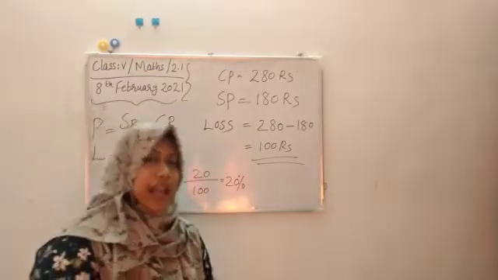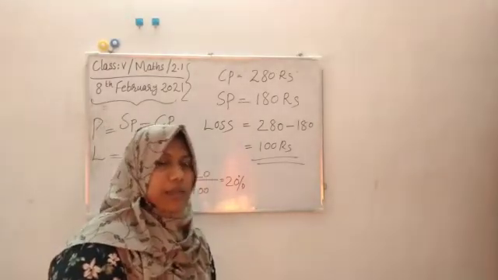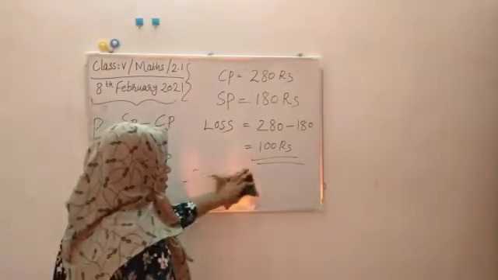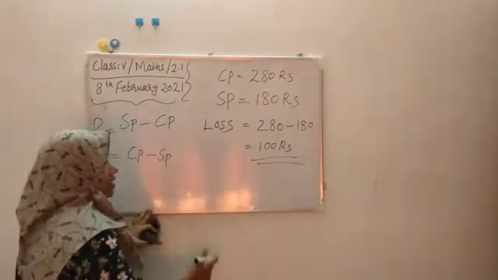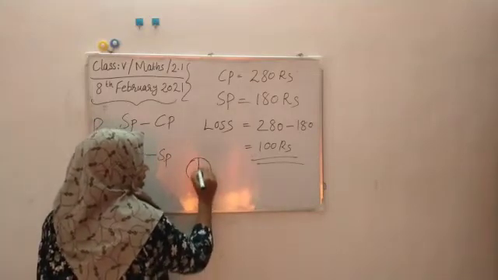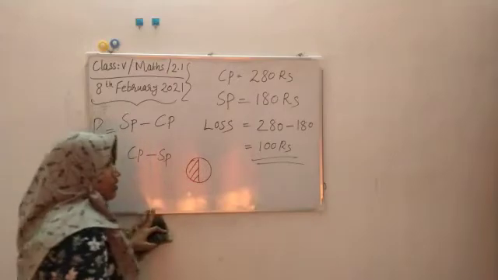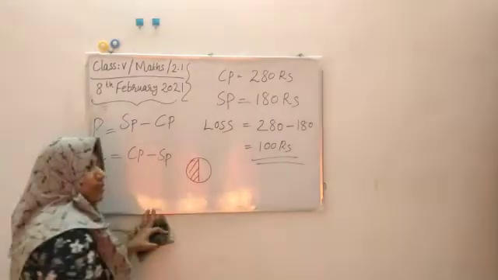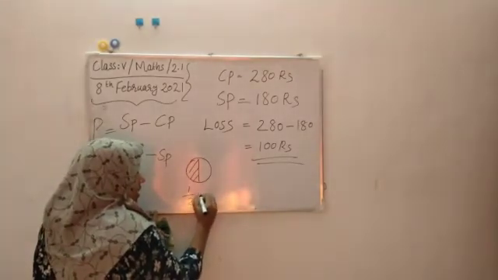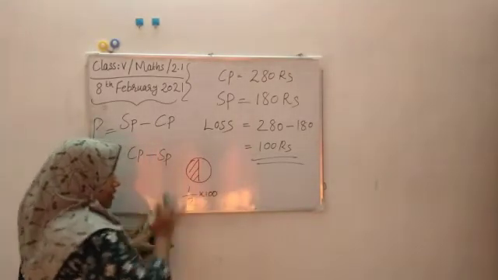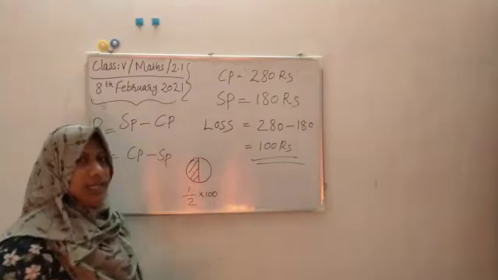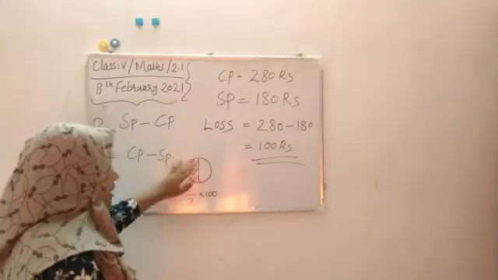The relation between two quantities can be expressed in the form of percentage by taking its fraction. As you know, when I divided a circle into two parts, this part can be expressed in percentage as it is 1/2 of this circle, and fraction into 100 denotes the percentage of this part.